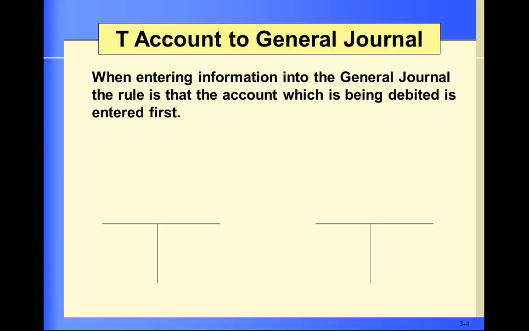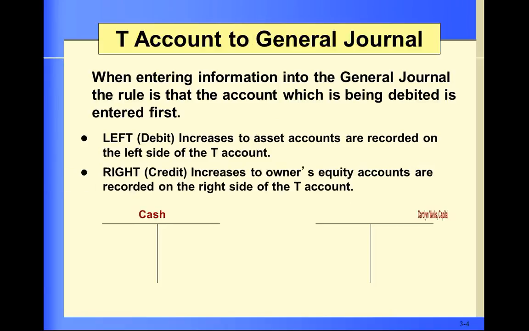Now before we start looking at journal entries themselves, let's take a look back at the T accounts and how that information is going to be important as we move into the General Journal. Basically, when we looked at the first transaction under our Carolyn Wells Consulting Company, we saw that she had added $100,000 in cash to the business checking account, and we gave her $100,000 in financial interest in her Carolyn Wells capital account.